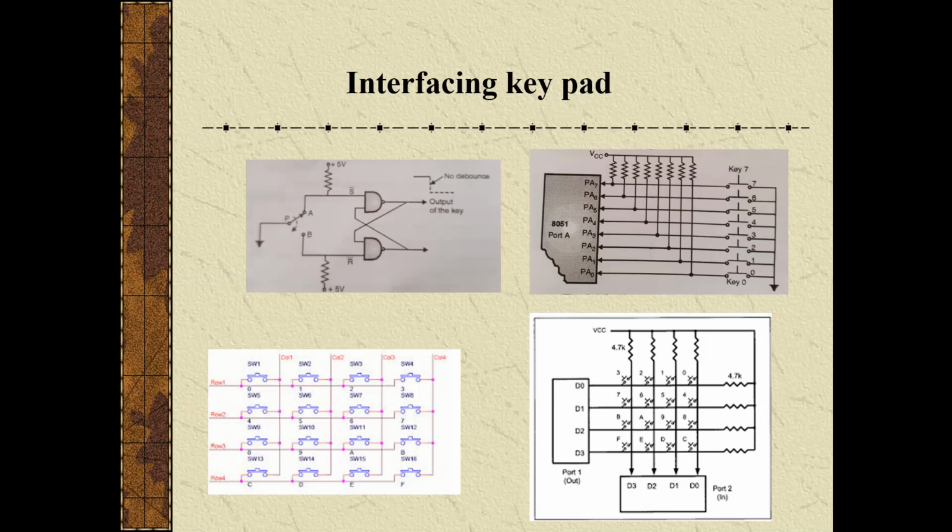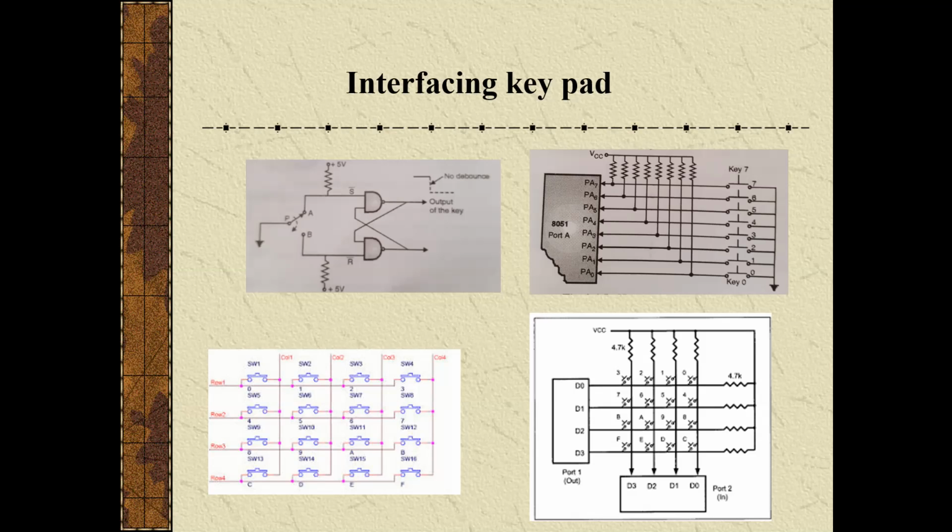Like that we can identify the key and read the status of the return lines. A 0 on any return line indicates that a key is pressed. So activate the next column and repeat these steps for all the columns or rows to identify which key is pressed.